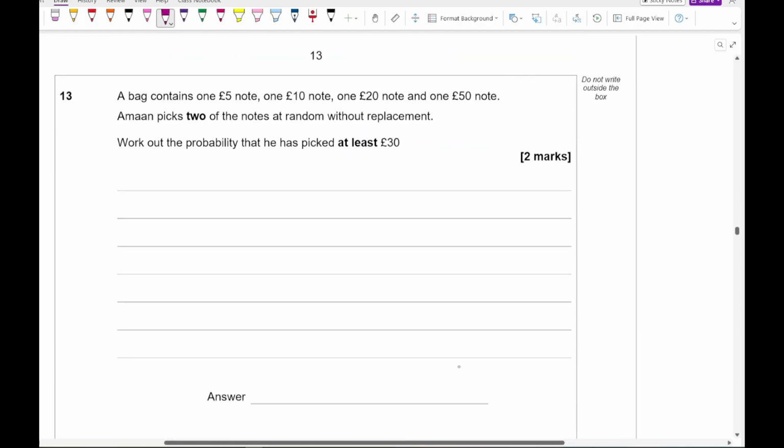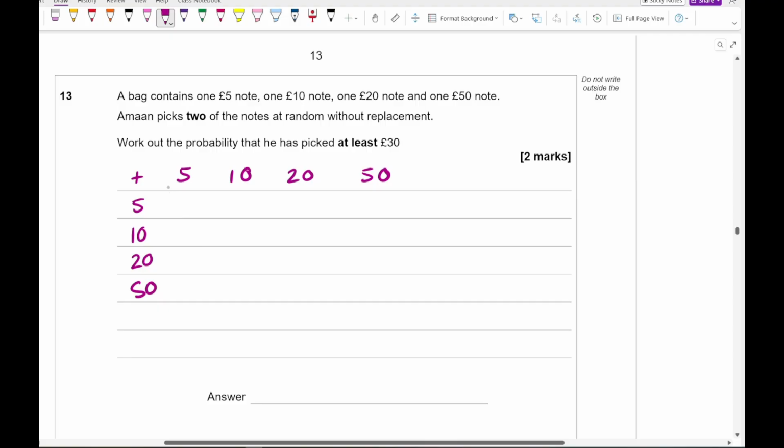Moving on to question 13, it says a bag contains a £5 note, a £10 note, a £20 note, and a £50 note. Armand picks 2 notes at random without replacement. Work out the probability that he has at least £30. So for this, what we need to do is a sample space diagram. So here we've got 5, 10, 20 and 50, and then 5, 10, 20 and 50 again.